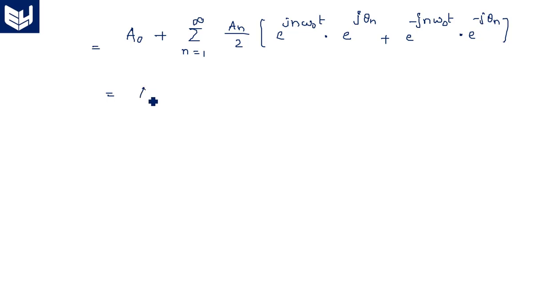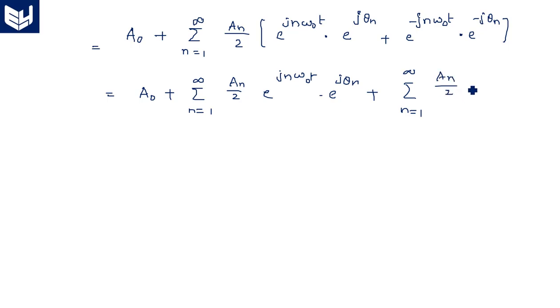Again applying the summation inside, we get summation n equal to 1 to infinity A n by 2 e power j n omega naught t into e power j theta n, plus the second term, summation n equal to 1 to infinity A n by 2 e power minus j n omega naught t into e power minus j theta n.